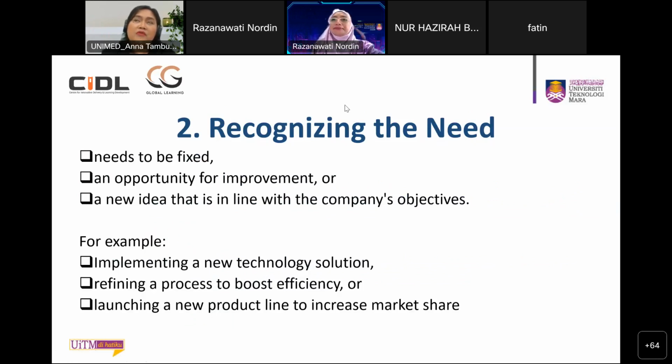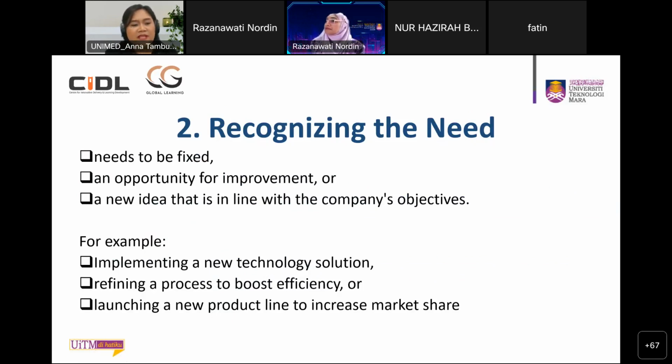Before writing the proposal, of course, we have to recognize the need. It is important to identify a need within the company. This could be a problem that needs to be solved, an opportunity for improvement, or a new idea that aligns with the company's goals.